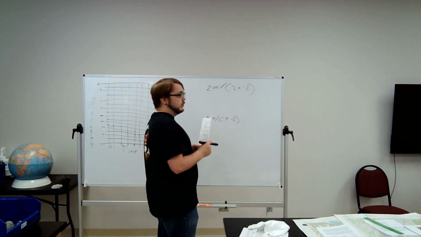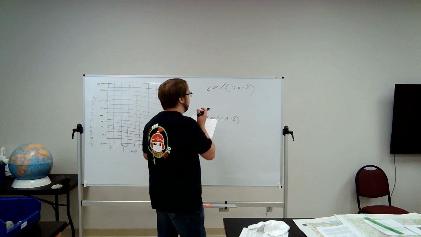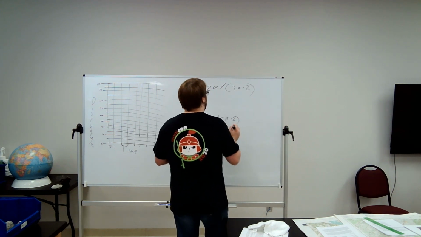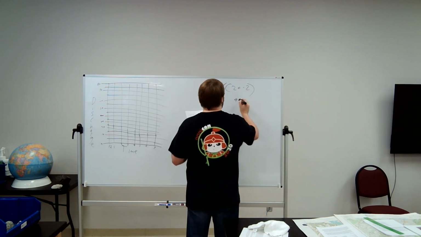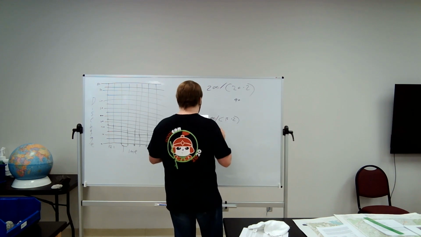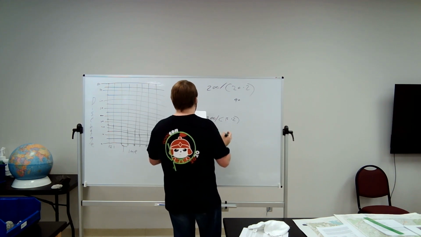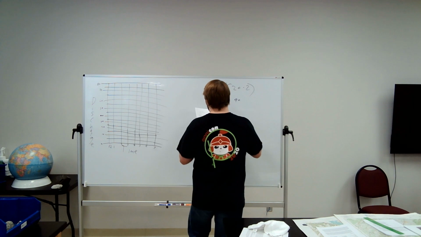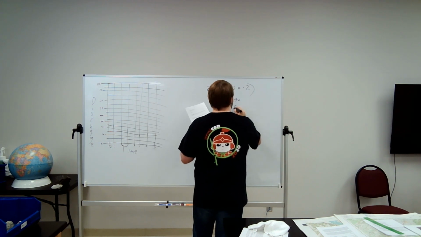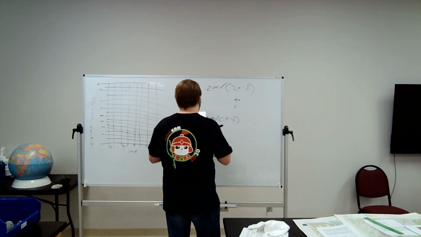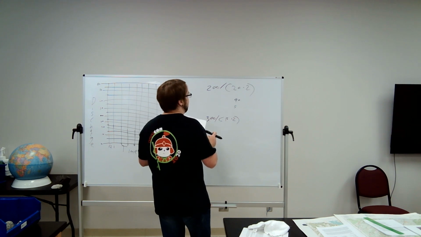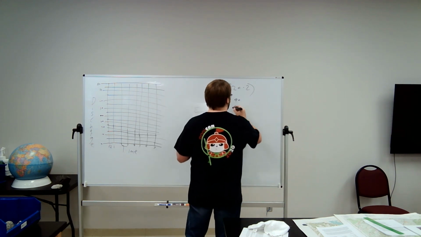So first, let's solve these. So 20 times 2 is 40, and 40 divided by 200 is 5. So we know that this has a depth of 5 meters.